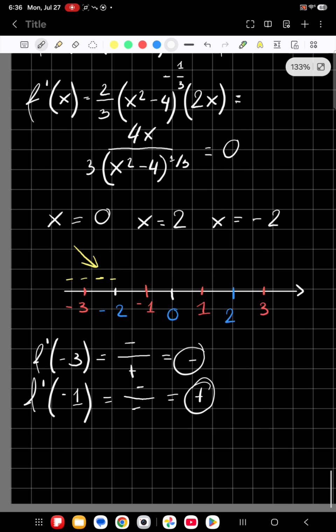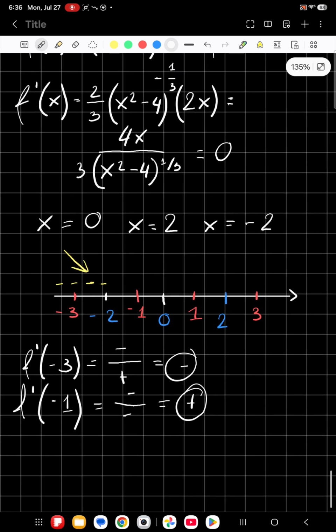And then we keep going. So we have f prime. The next testing number is 1. The top will be positive, and the bottom negative, so we get negative.